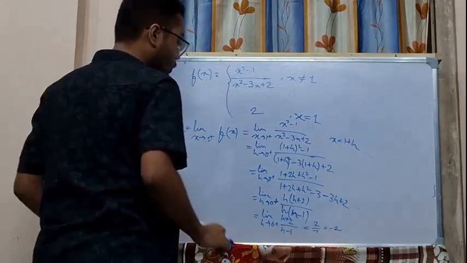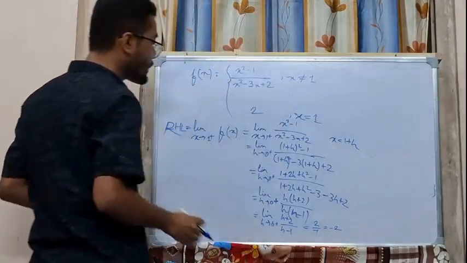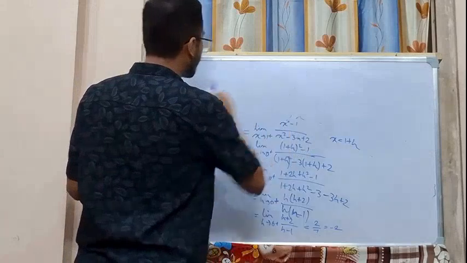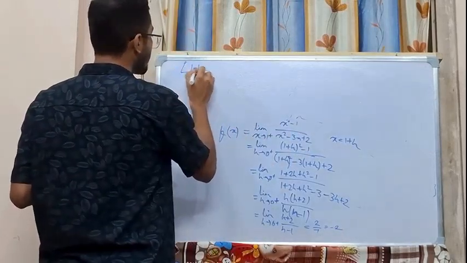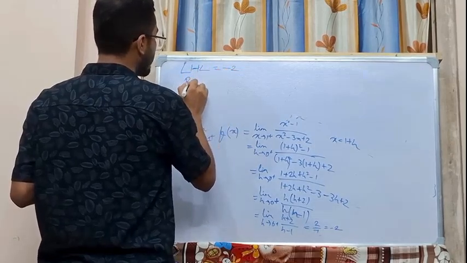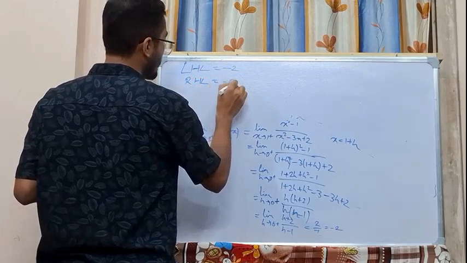What was our left hand limit? If you remember, the left hand limit was minus 2. The right hand limit is also minus 2.